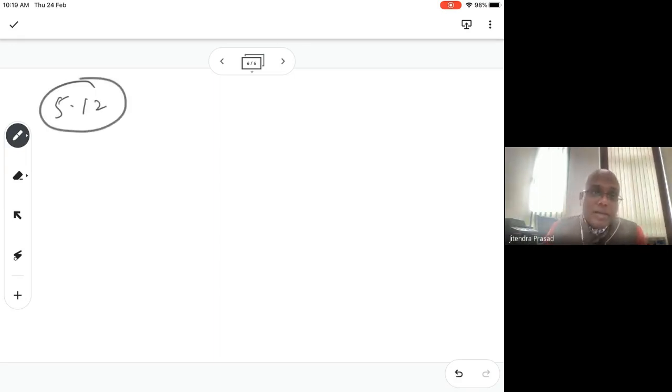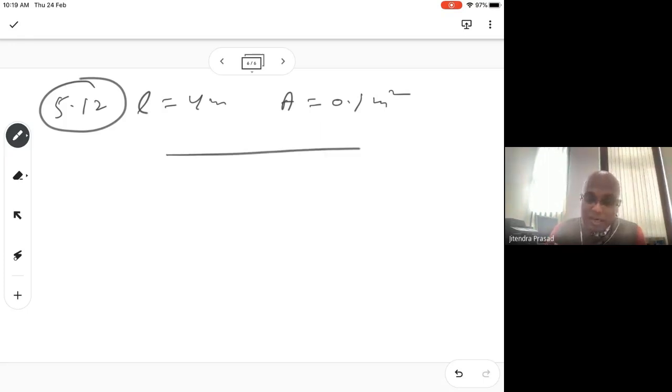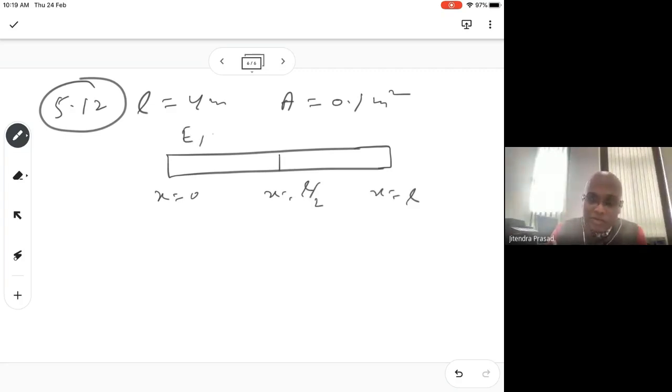It says, given an elastic bar of length L equal to 4 meter, and the cross-sectional area A is given to be 0.1 meter square, and piecewise constant Young modulus as shown in figure. So we have something like this, and we have x equal to 0, x equal to L over 2, x equal to L, and then you have E1 given as 10 to power 5 Pascal, and E2 is 10 to power 8 Pascal.